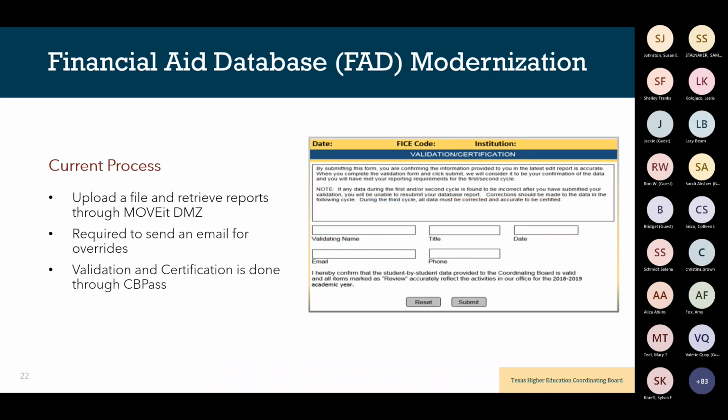And then lastly, you go into CBPass and you certify or you validate and you submit that. So it's kind of a disjointed process. There's a lot of different forms and things to do. So this modernization is to streamline and upgrade so that schools can more easily navigate through the data submission process.